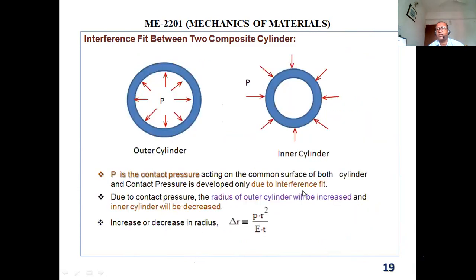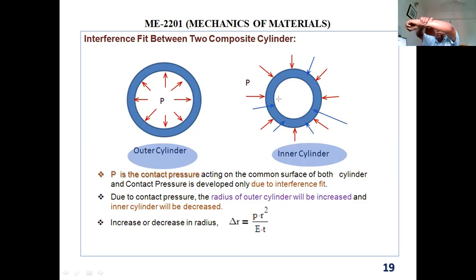You see, showing right over here, this is the outer cylinder and this is the inner cylinder. So if we put them inside, then the inner cylinder will feel pressure from outside, like I'm holding my hand. So this will be the inner cylinder.